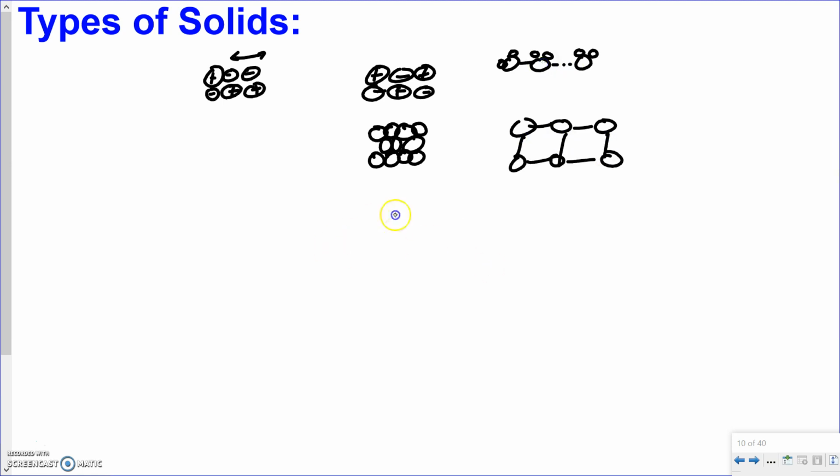You could also be asked to identify alloys. So let's say I tell you it's a substitutional alloy. Well, which one of these pictures shows a substitutional alloy?